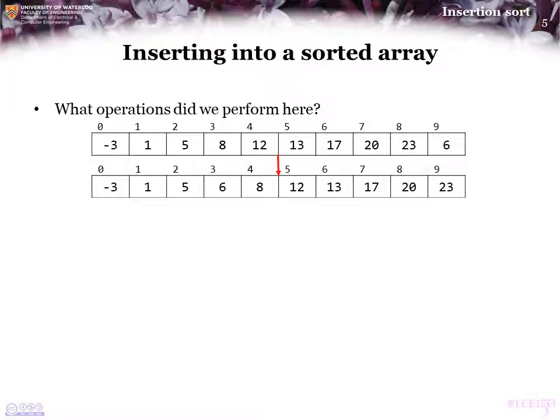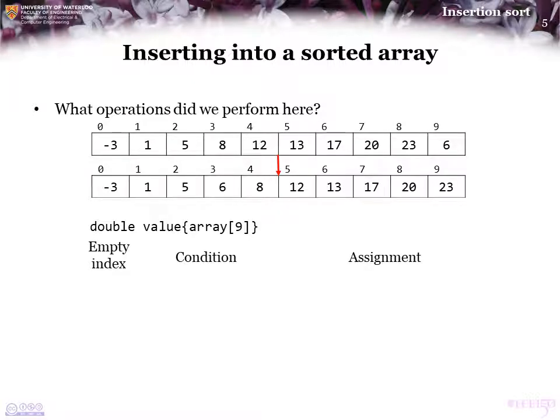All right, so let's think about what operations we performed here to get the array with 10 entries where the last entry is out of place into an array that is sorted. That is, how did we insert 6 into the array? Well, we stored that last entry in a temporary variable. Let's call that value.